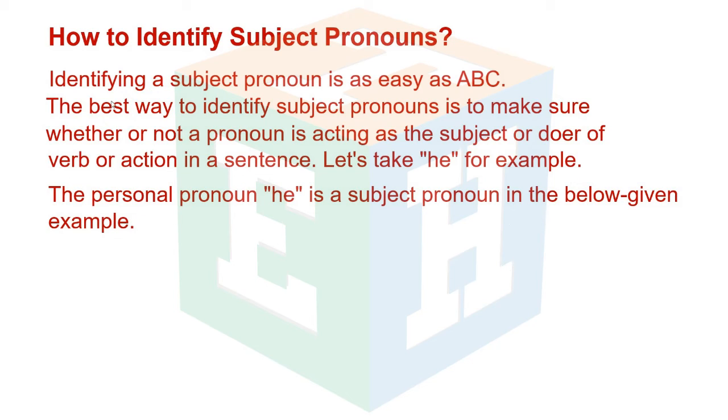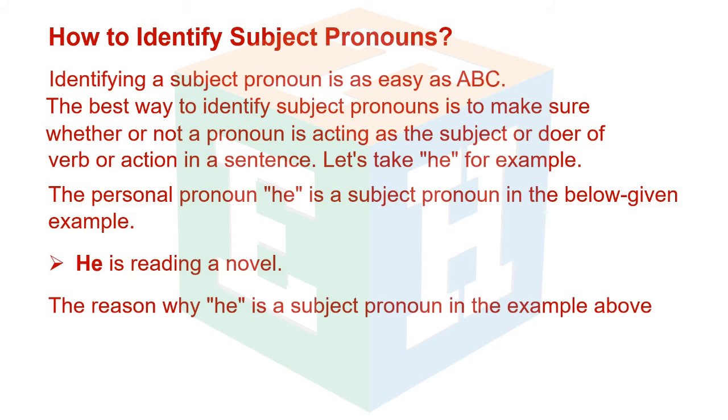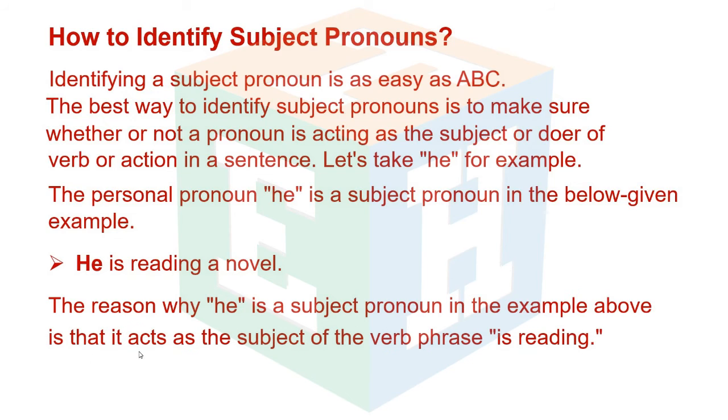The personal pronoun he is a subject pronoun in the below given example. He is reading a novel. The reason why he is a subject pronoun in the example above is that it acts as the subject of the verb phrase is reading.